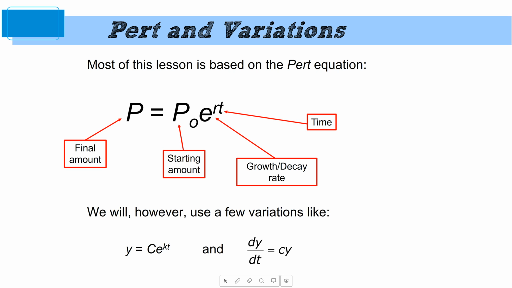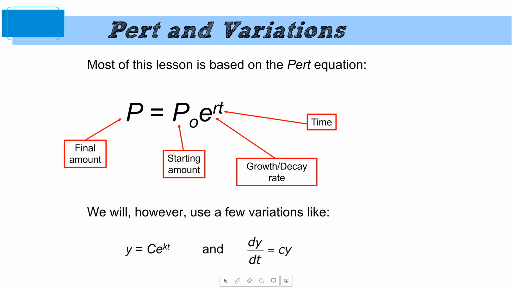So in pre-calc, if you did cover this, what would have happened is, oh, by the way, how many variables on the right-hand side of that equation? 3, correct. In order to solve that, you need to know 2 of the 3. Technically speaking, however, there are 4 variables in that equation because the final amount comes into play. So now you've got 4 variables, you need to know 3 of the 4 in order to solve it.